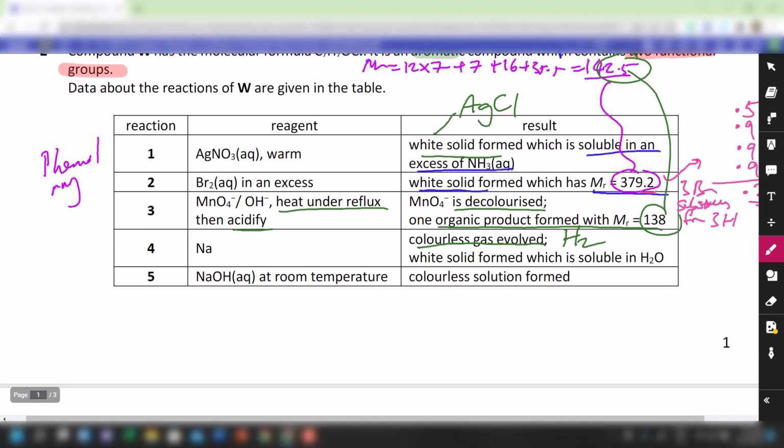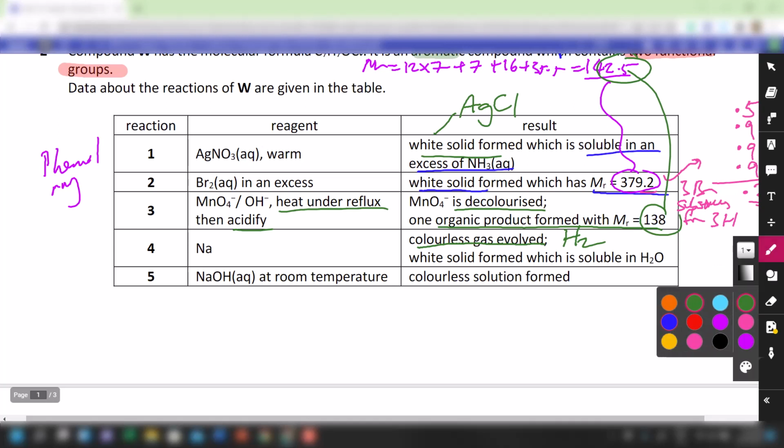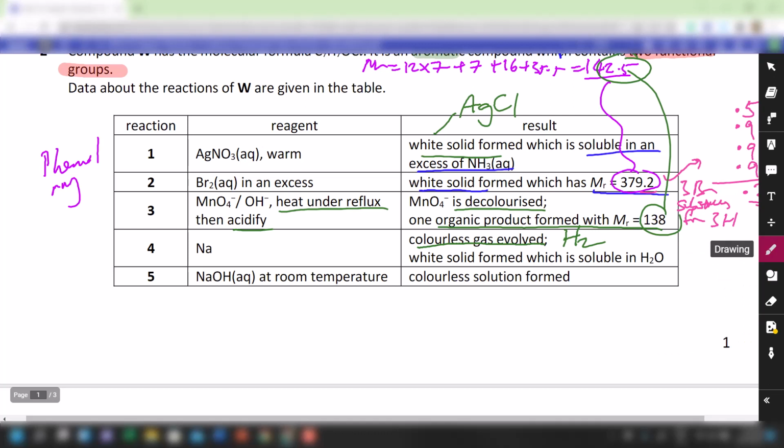You notice that I didn't even start doing the question. I can just analyze the reactions and have an idea about what's going on before we go straight to work on the problems. Then finally reaction 5, we added sodium hydroxide at room temperature and get a colorless solution.